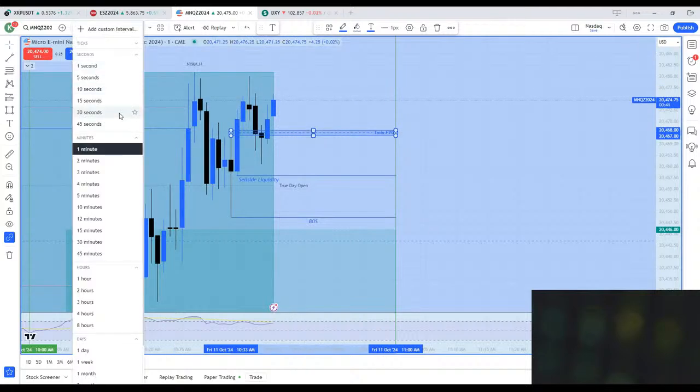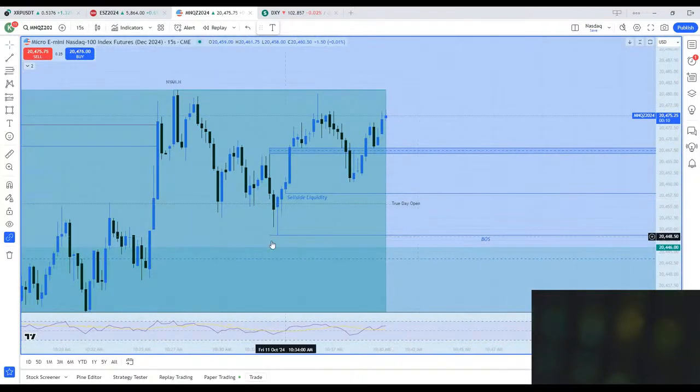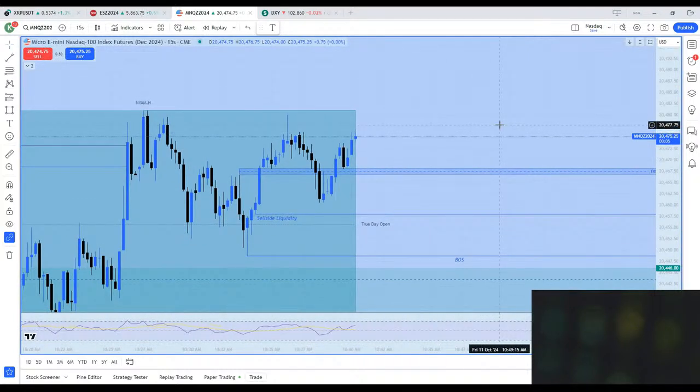Drop down to the 15-second chart, get a little more information. There's a big fair value gap on the 15-second chart.